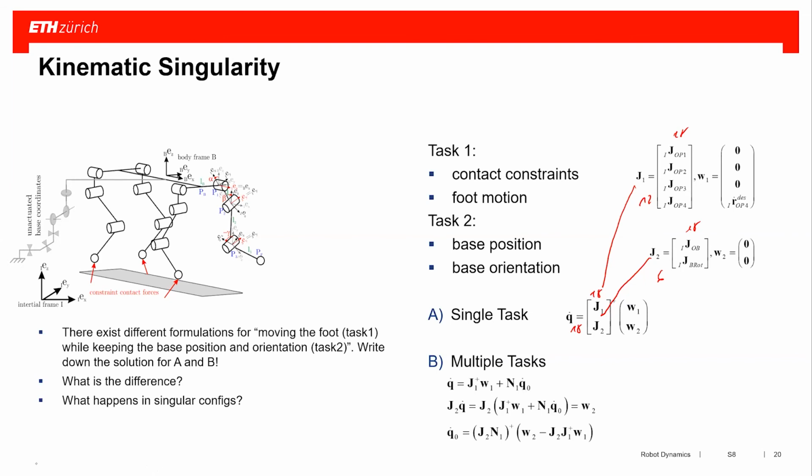If I do it with multiple objectives, so hierarchically, I take the q-dot to be consistent with the first task, and then I have to determine my q-dot-0 to fulfill the second task without violating the first task. So we have done this before several times. Then the difference is that the first one minimizes the whole objective, while the second one minimizes only the second objective, while satisfying for sure or ensuring the first one.